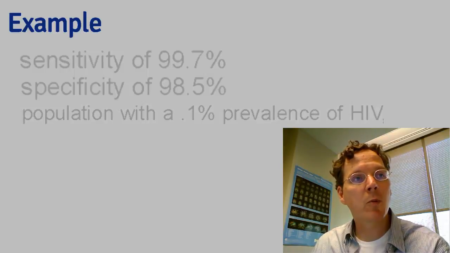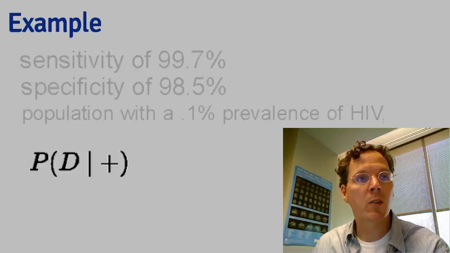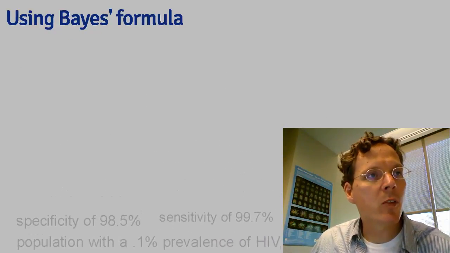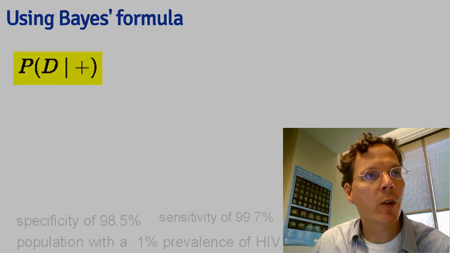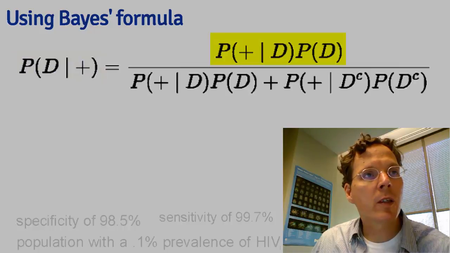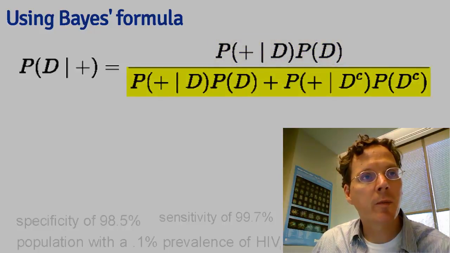So mathematically, we want the probability of disease given a positive test result, given the sensitivity and the specificity, and the prevalence, P of D, 0.001. So let's plug directly into Bayes' rule. We want the probability of disease given a positive test result. That's the probability of the positive test result given disease times the probability of disease divided by this denominator right here.